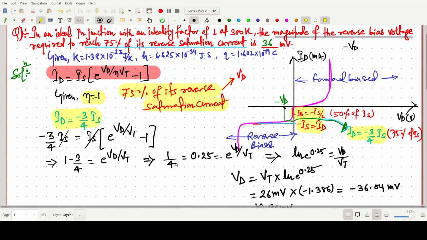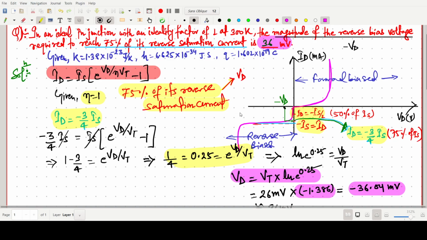After putting everything in, we get this expression, and finally the VD value will be Vt ln 0.25, and after calculation we get minus 36.04 millivolt. So the correct answer will be 36 millivolt.